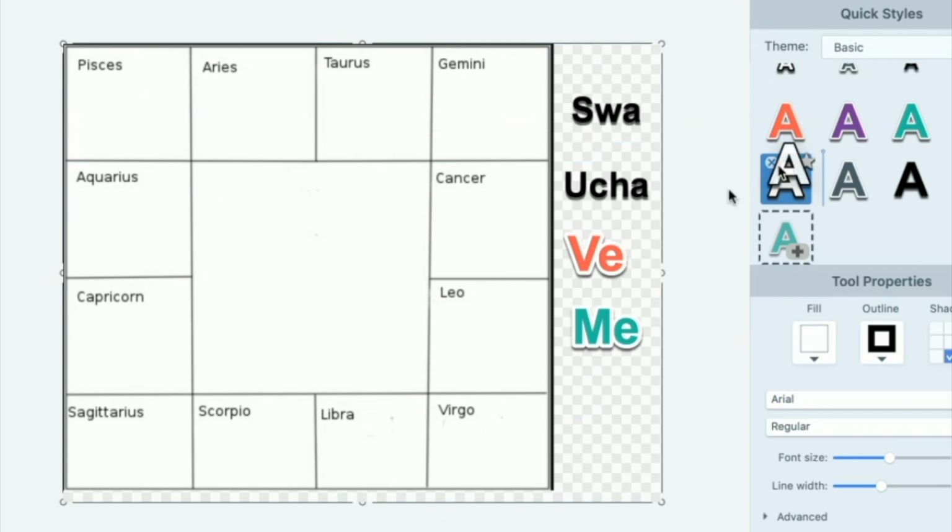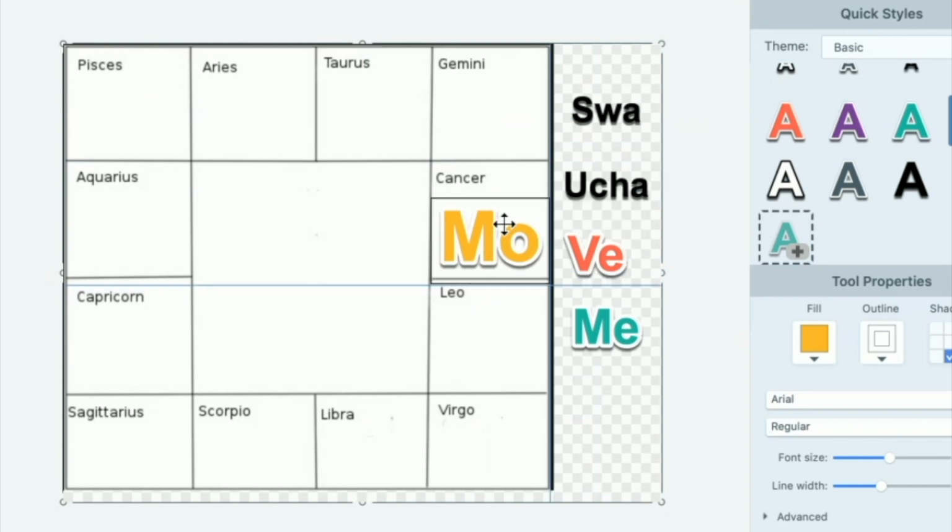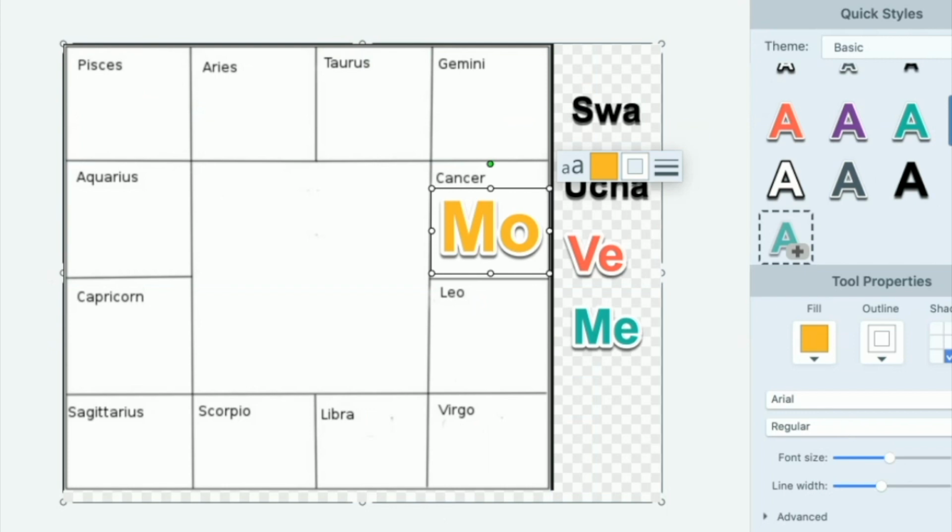All right, so let's go to Cancer. Moon rules Cancer. Moon is in its own sign in Cancer.